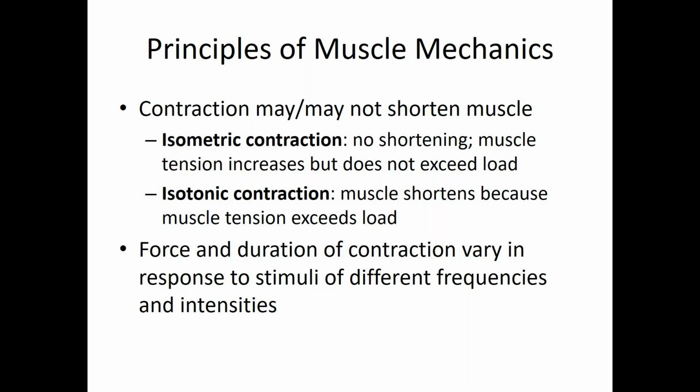Okay. So a contraction, probably like you're thinking about in your head right now, you think about a muscle contraction, one where the muscle does get shorter, right? Or something moves. This is an isotonic contraction. Okay. And this happens when the tension, right, the force, is greater than the load that you're trying to move.